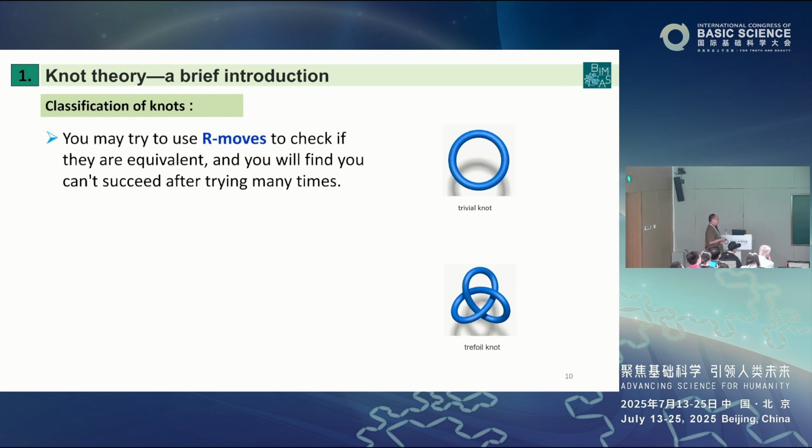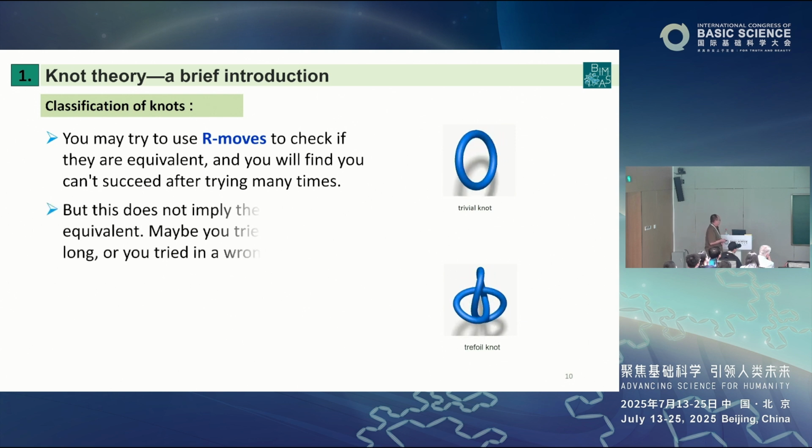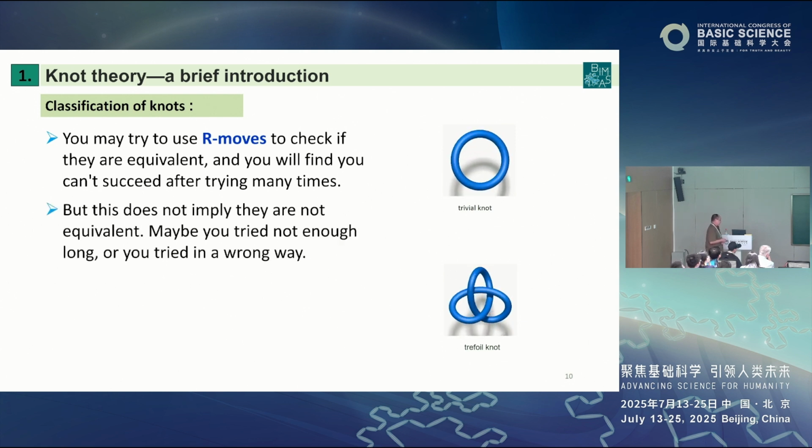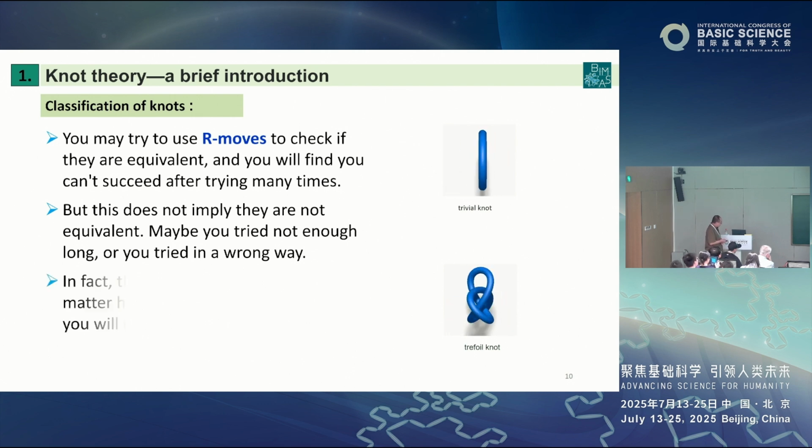You may try to use R moves to check if they are equivalent, and you will find that you cannot succeed after trying many times. But this doesn't imply they are not equivalent. Maybe you didn't try long enough, or you tried in a wrong way.